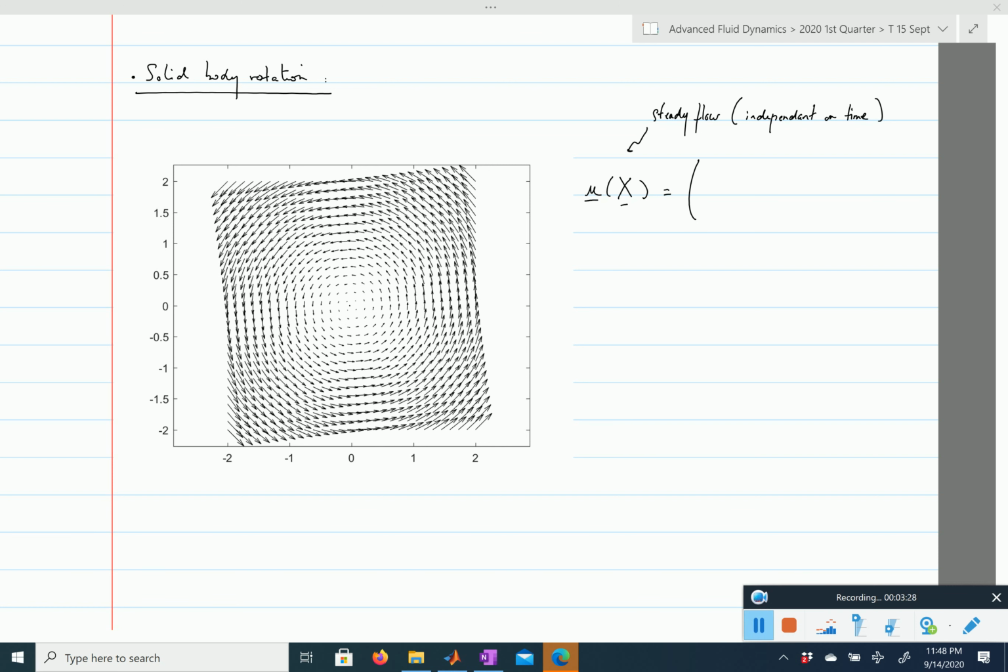And it has two components, one in the x, one in the y direction. The component along the x direction is minus omega y, and the component along the y direction is omega x. Here omega is the angular rotation velocity. So the angular velocity.